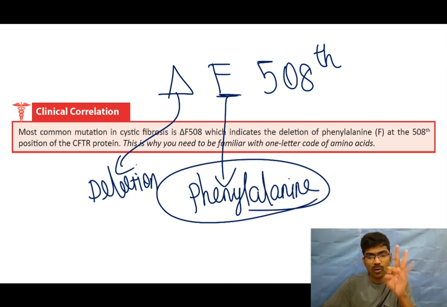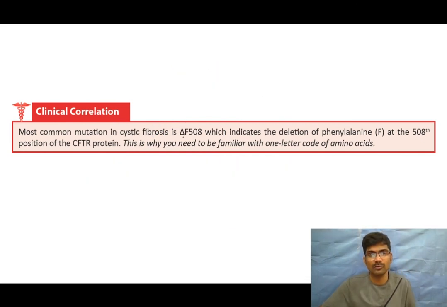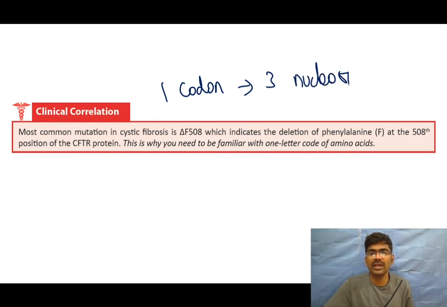So 3 nucleotides, that is one codon, means 3 nucleotides, are completely deleted. So will this lead to a frame shift? Tell me.